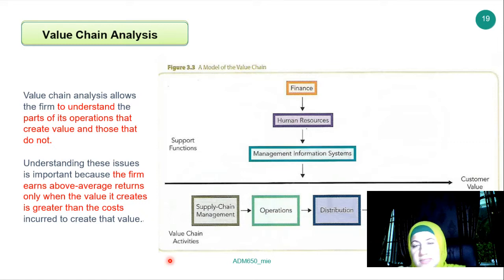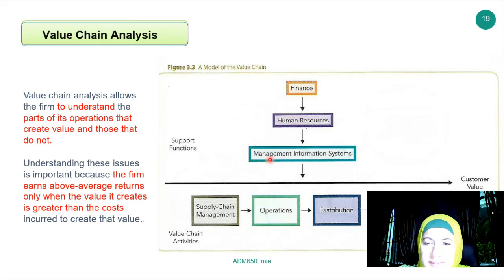So the next tool is the value chain analysis. Value chain analysis needs to be done by the firm so that they are able to understand which part of the operations in the firm can create value and which part of the operation does not create value.